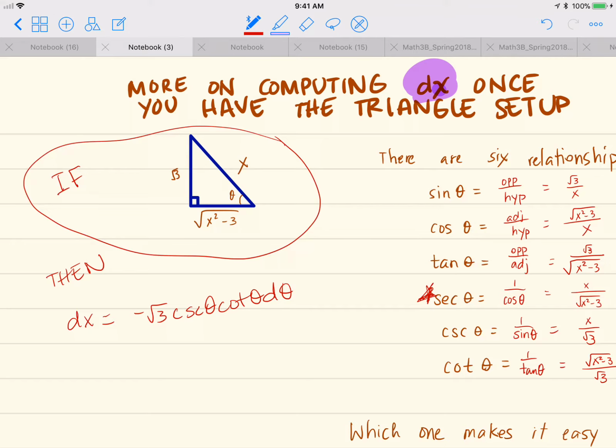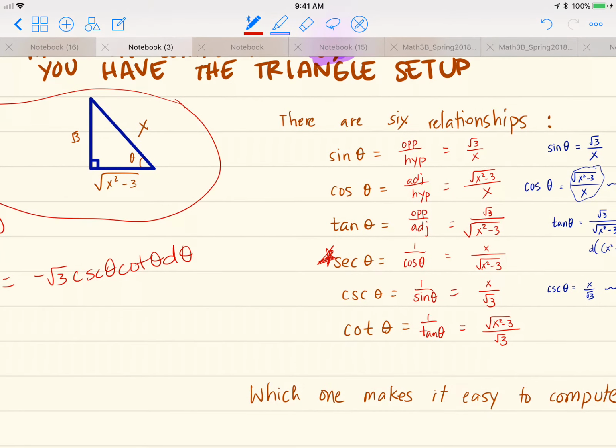Well, in our mind we think of the different relationships between x and theta. And to me, looking at this, I don't want to include that leg because it's just complicated. The square root of x squared minus 3 is complicated. It'd be a lot easier for me to find a relationship with this constant and just x. And the relationship that will do that is either sine theta or cosecant theta. Both of those work.